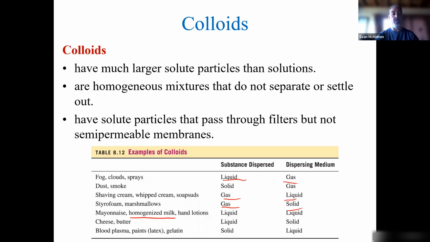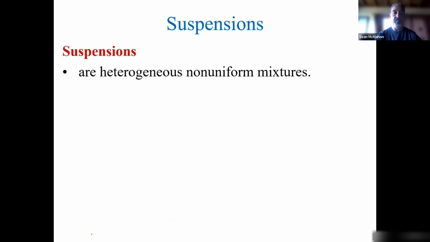Another example of a colloid is blood plasma, right? In blood plasma, you have things dissolved that are rather large. You have red blood cells. You have, again, proteins, lipids. So this is considered a colloid. It's uniform throughout.